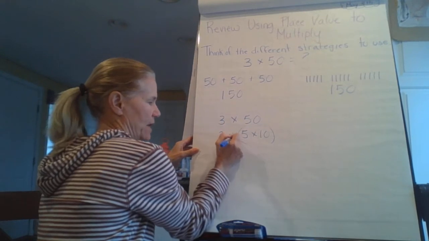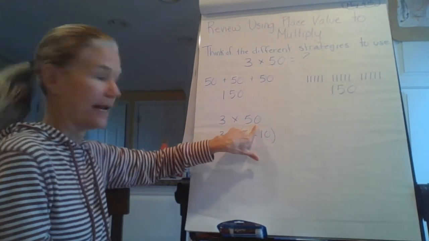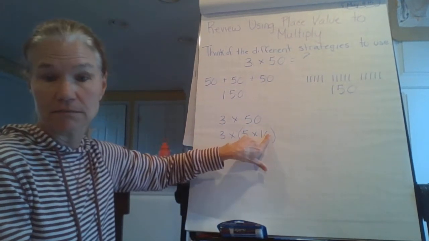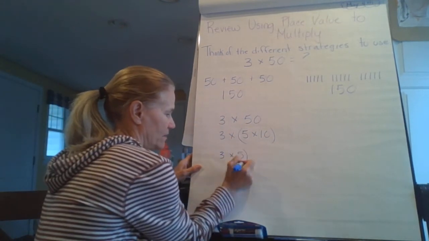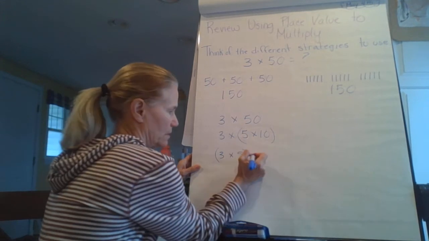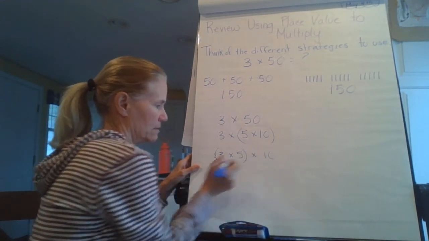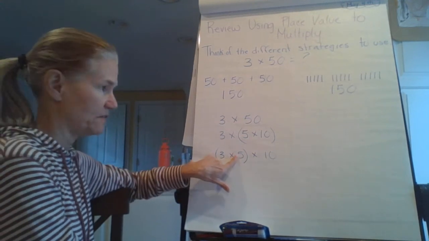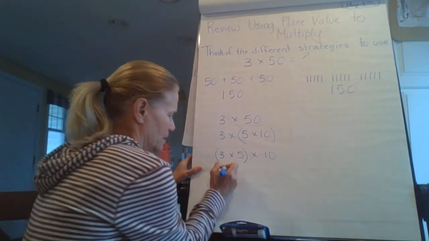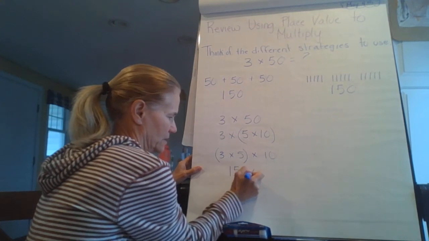So if I take my 3 times and I break my 50 into my 5 times 10, well now 3 times 5 is easier times 10. See what I'm doing? So now I'm taking a simple fact. 3 times 5, 5, 10, 15. So now I have 15 times 10.